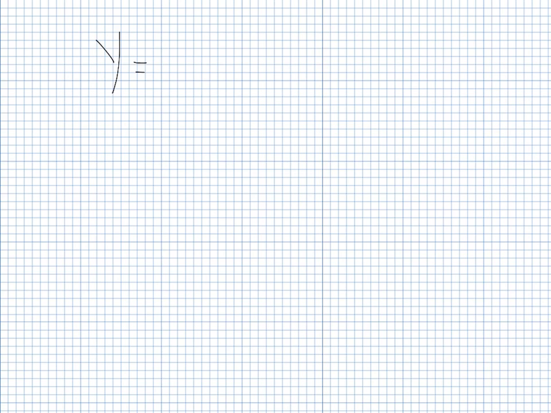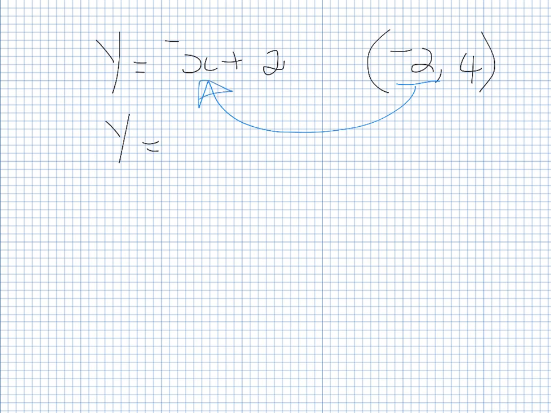So let's say we had y equals -x plus 2. We still have the same coordinates as before, or the point, and we want to know whether, if we were to substitute this figure into here, it would still be on the line.